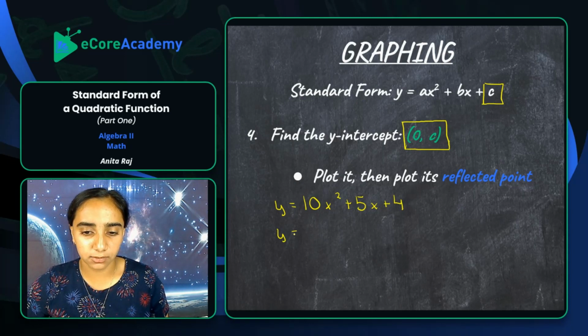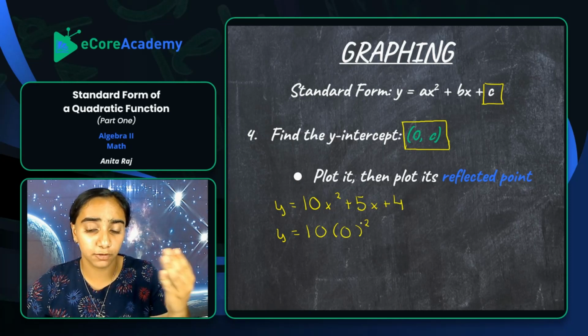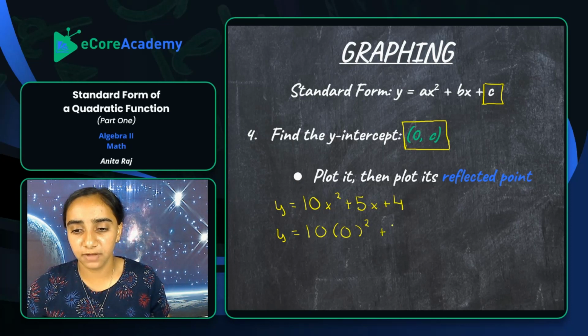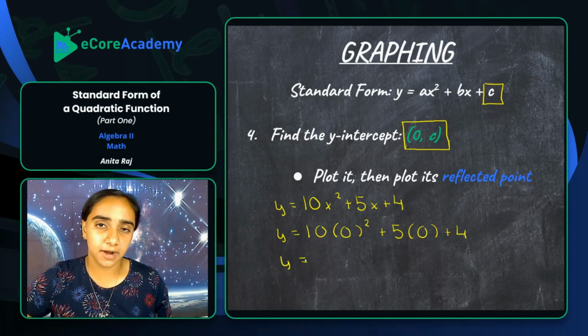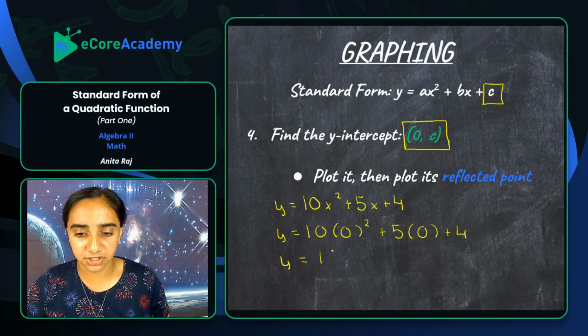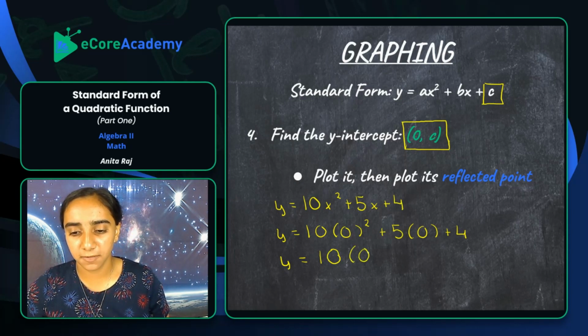So y equals 10 times the value of 0 squared. Remember, because we're plugging 0 in for x, because 0 is the x value at the y-intercept, plus 5 times 0 plus 4. Well, if we simplify this, 0 squared is 0. So this is pretty much just 10 times 0.